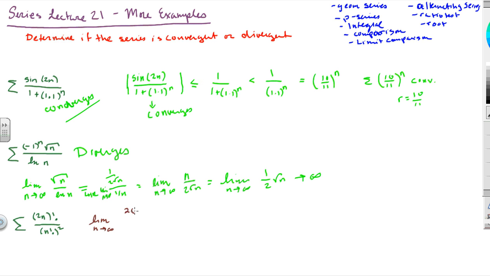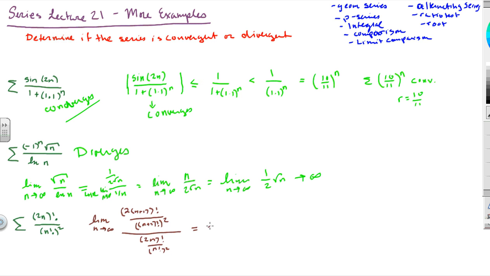So 2 times n plus 1, that thing factorial, over n plus 1 factorial, that thing squared. Whew. Takes a lot to write there, doesn't it? Over 2n factorial over n factorial squared.